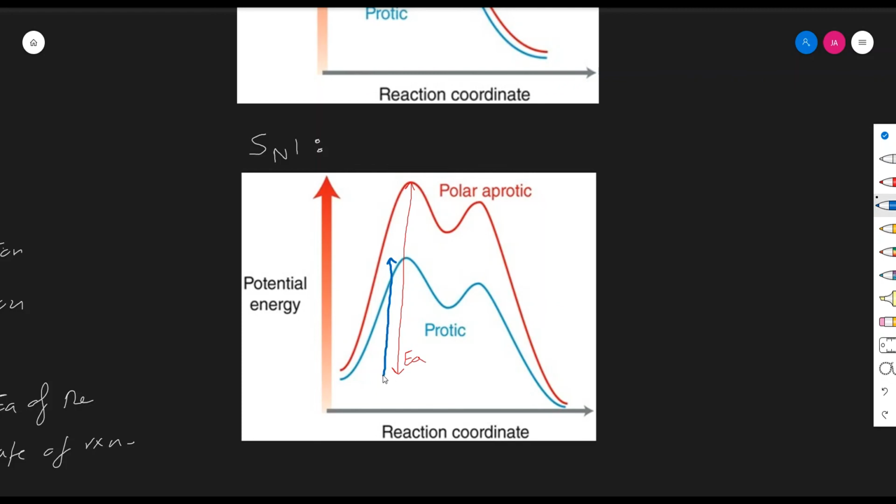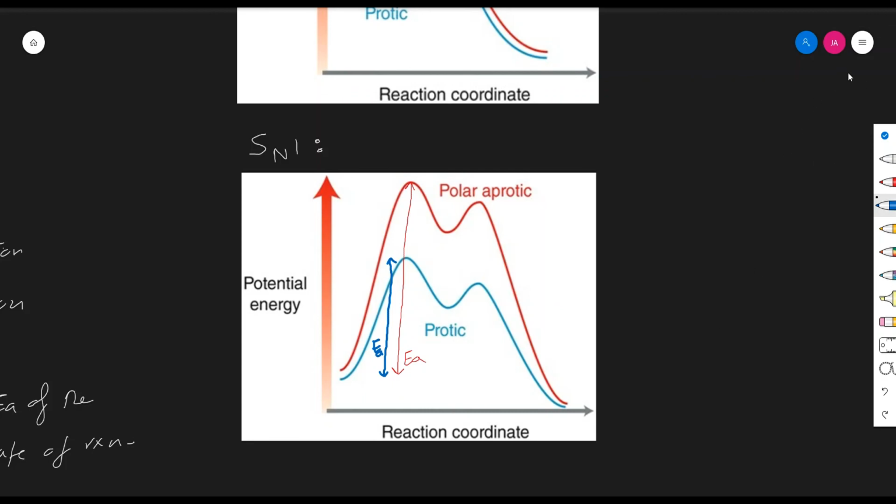This is the activation energy required to form the carbocation intermediate when using a protic solvent. And thus, if both reactions were carried out at the same temperature, the polar protic solvent would allow the nucleophilic substitution or SN1 mechanism to occur at a faster rate than when using a polar aprotic solvent.